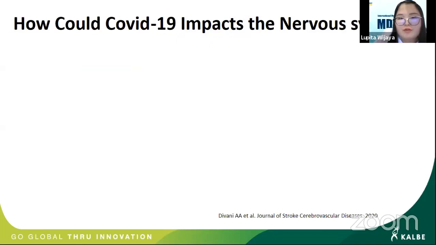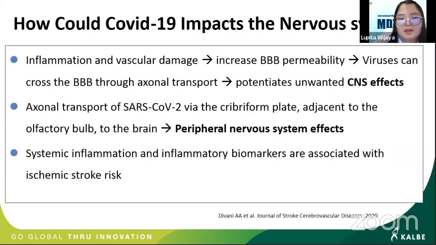So how could COVID-19 impact the nervous system? We can relate it with the previous slide. Because there is the inflammation process, the cytokine will disrupt the vascular endothelium, and after that, the vasculature will get damaged. Then the damaged vasculature of our brain will induce an increase in blood-brain barrier permeability.